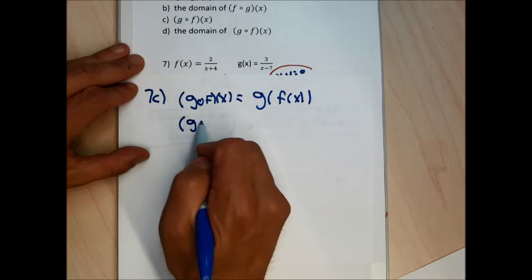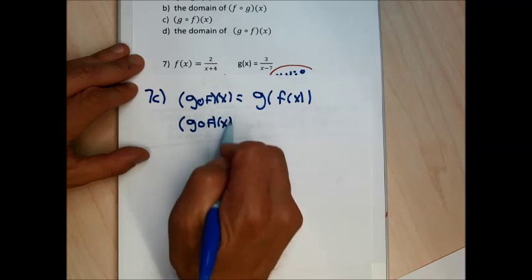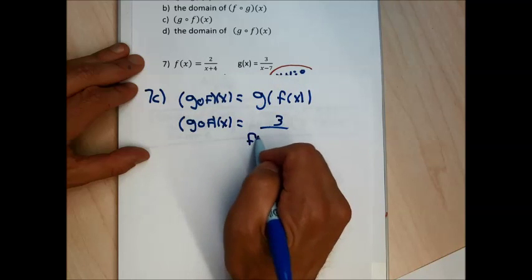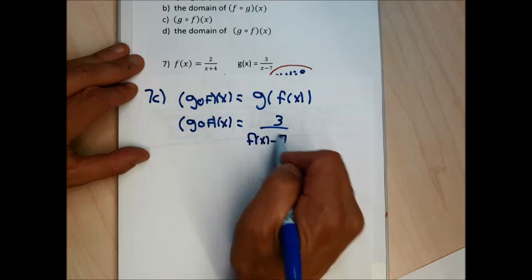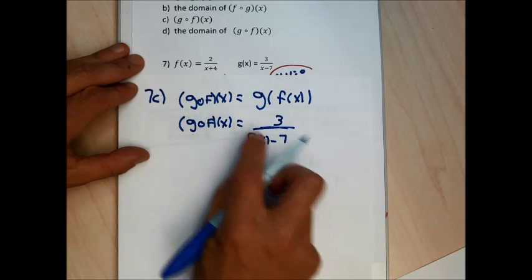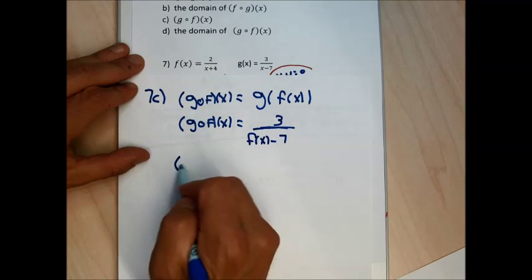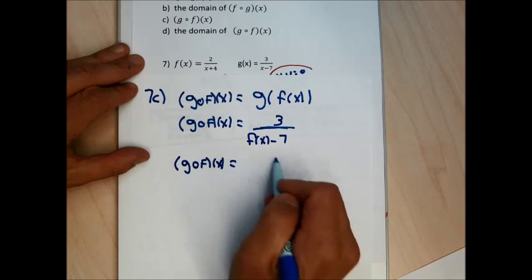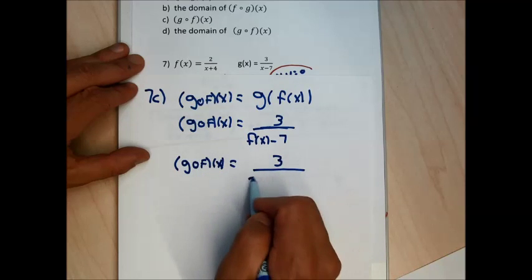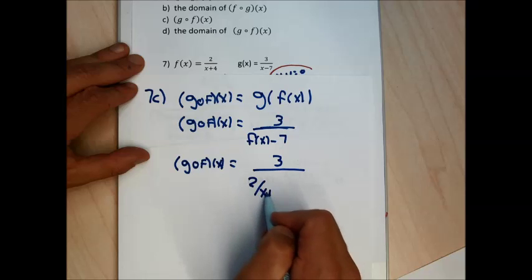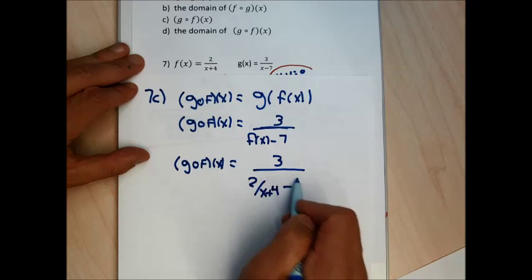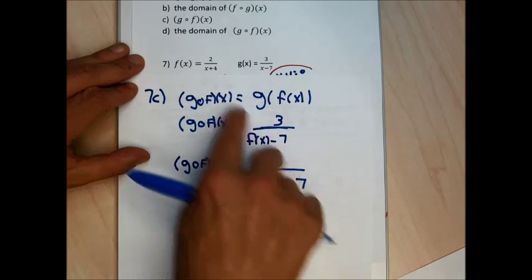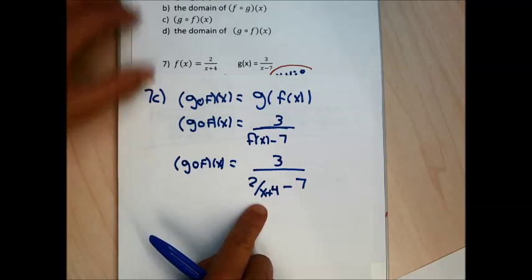So g composed with f of x is going to be 3 over f of x minus 7. And now I'm going to change the f of x to that horrible fraction. So g composed with f of x is going to be 3 over 2 over x plus 4 minus 7. That's just taking the f of x and changing it to what it's equal to.